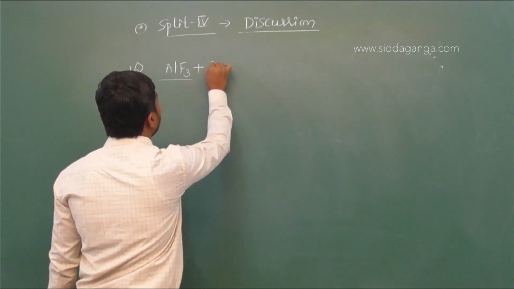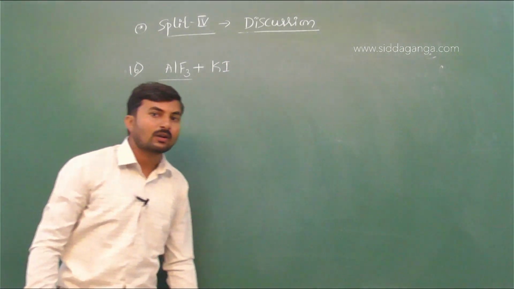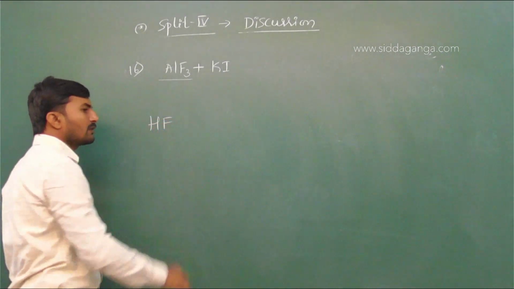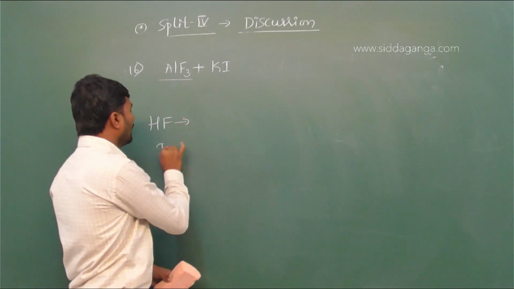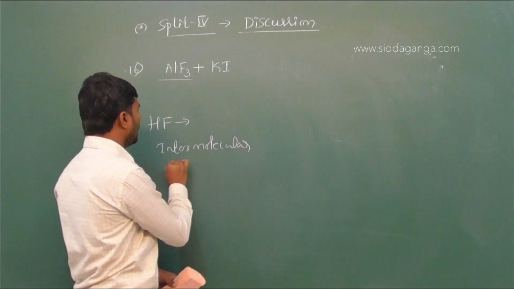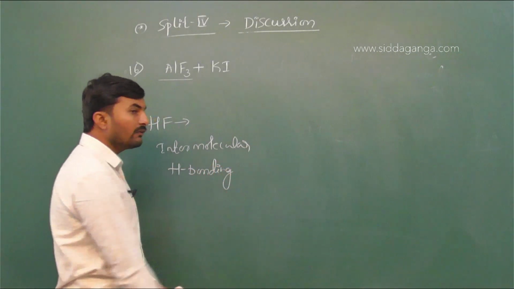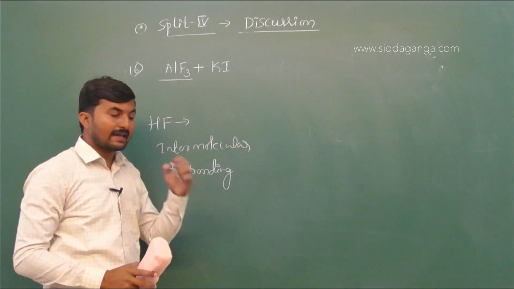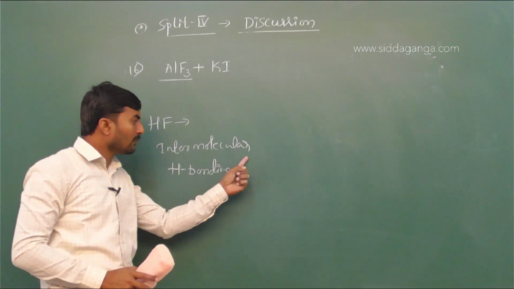AlF3 takes the help of potassium fluoride to dissociate in HF. Because what they have given is hydrogen fluoride, and I said earlier that hydrogen fluoride is involved in intermolecular hydrogen bonding.